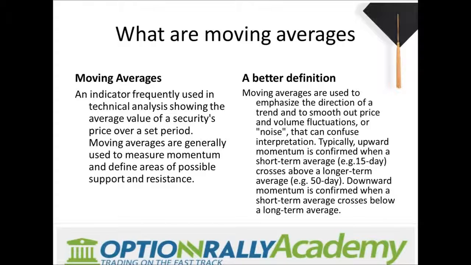You could take a 5-day moving average, a 12-day moving average, and that's not the moving average over 2 days. It's the moving average of how many days you're adding together and then dividing by. Okay. Now, we always talk about moving averages in days. But when we talk about a 5 and a 15, you can be applying this in time frames.